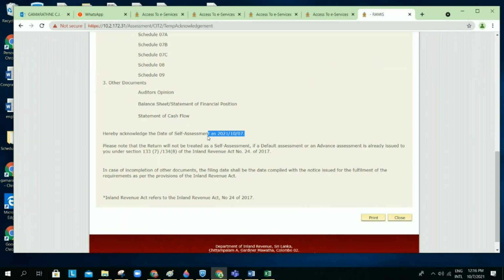Why are you sending through the e-service? You have already submitted your return and schedules, therefore the department can directly issue the acknowledgement for the self-assessment return, right? But in previous years it may not have been like this.